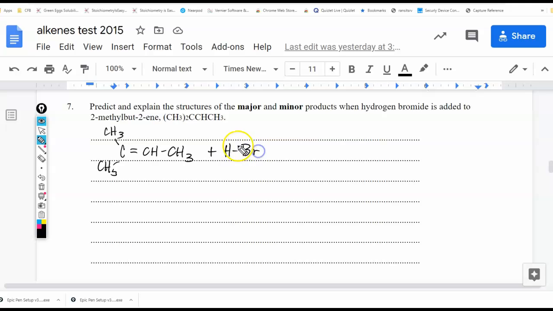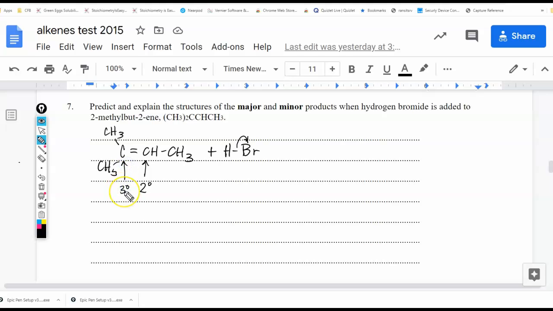So one side is going to get the Br and the other side is going to get the H. And we have to figure out, well, which side is the more stable side to give it to. Remember, what we have to determine is that the more stable is the one that is the tertiary instead of the secondary. So this carbon right here, that is our secondary carbocation, and then this is our tertiary carbocation.